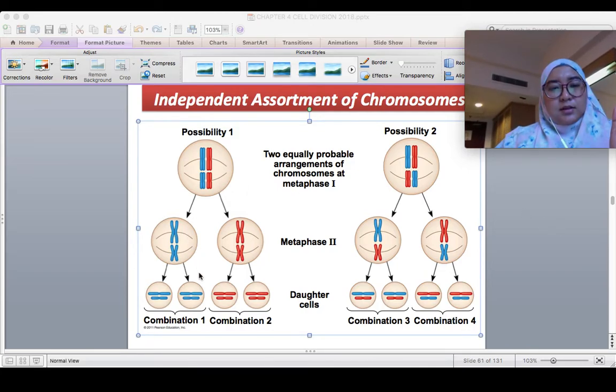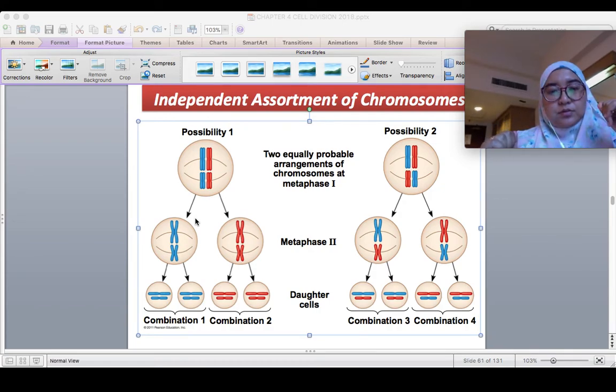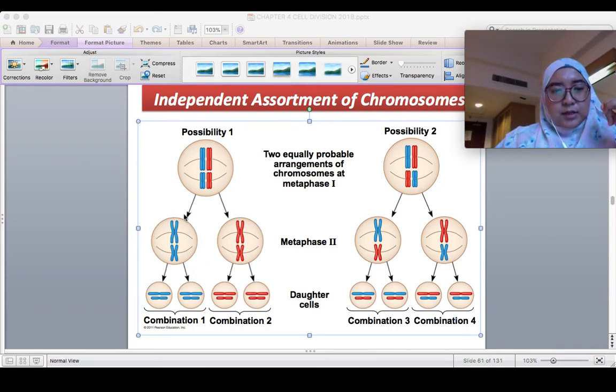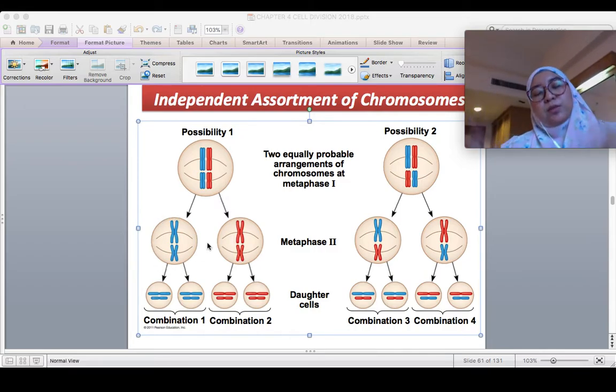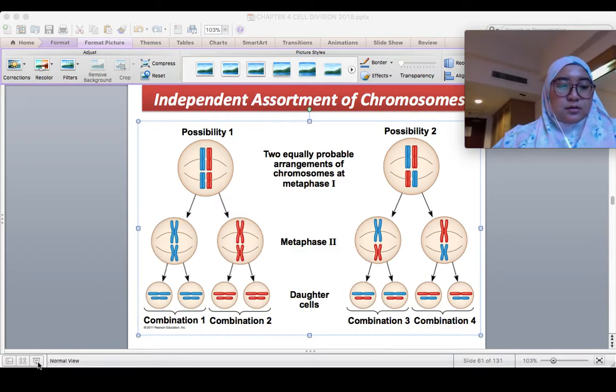And then, when it undergo metaphase 2, meiosis 2, it separate like this. Sama. Sebab dia daripada satu group lah maksudnya. And then we have this combination all from paternal. This one all from maternal. But we can have another possibility here.